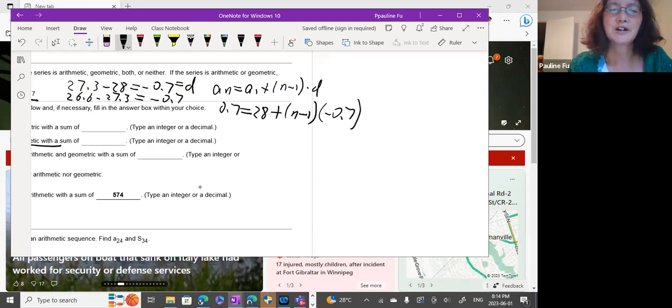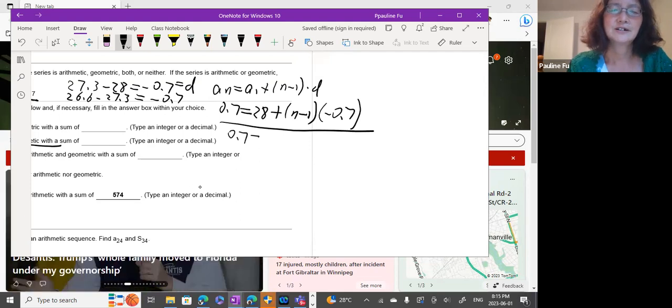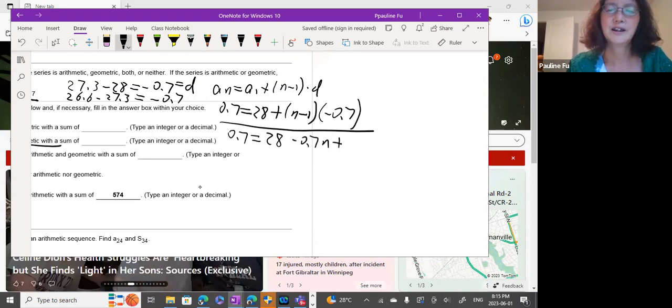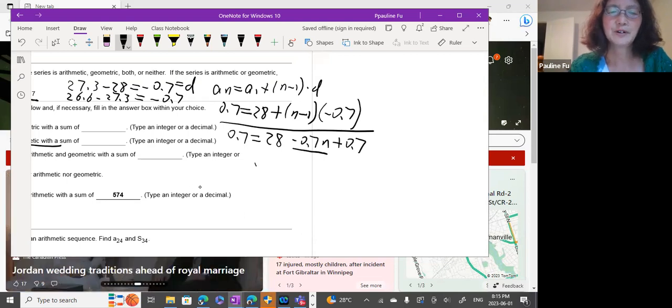In the sum formula, you need n, term n. Okay, so far we got one equation, one unknown here. So we just need to solve for n. Left-hand side, right-hand side, simplify. So negative 0.7n plus 0.7. And then collect like terms, move this negative 0.7n to the left-hand side.